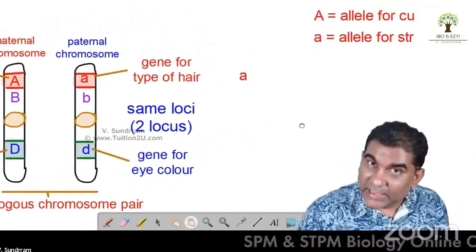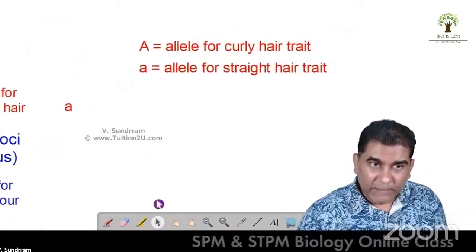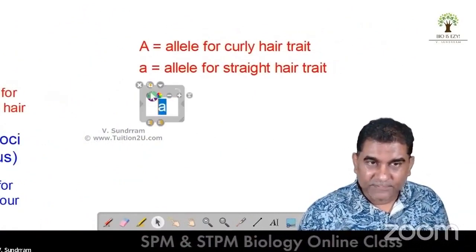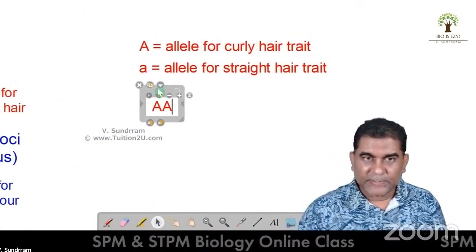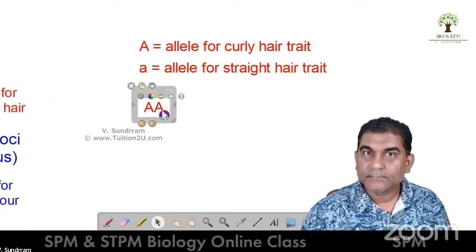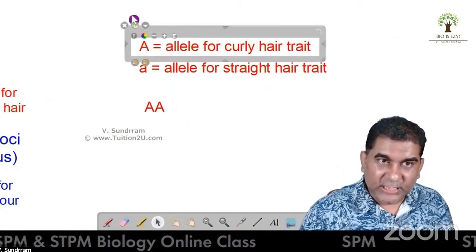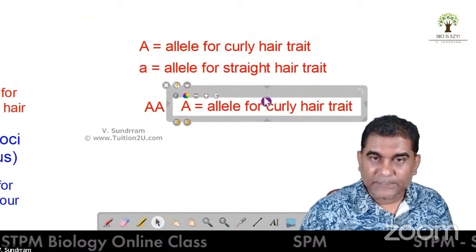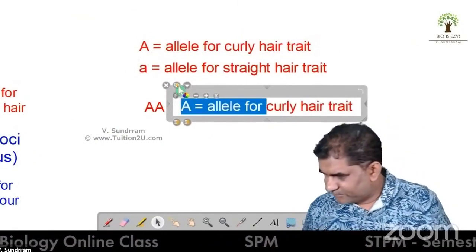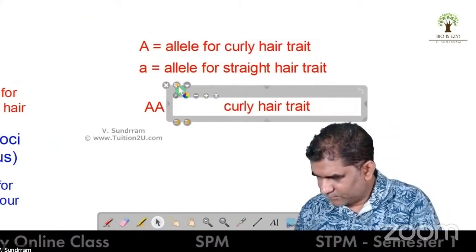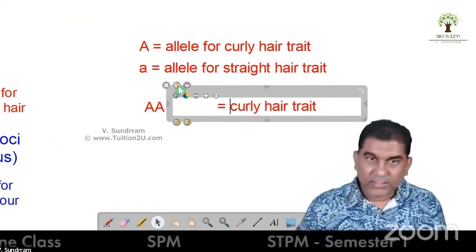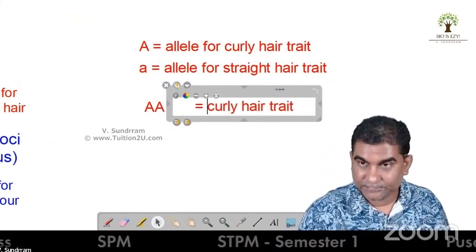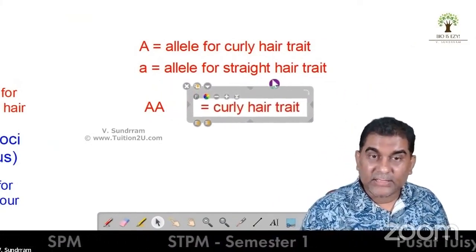But what is the allele? Don't know. Maybe the allele is capital A, capital A. If someone is capital A, capital A, that person will have the curly hair trait. Why curly hair?